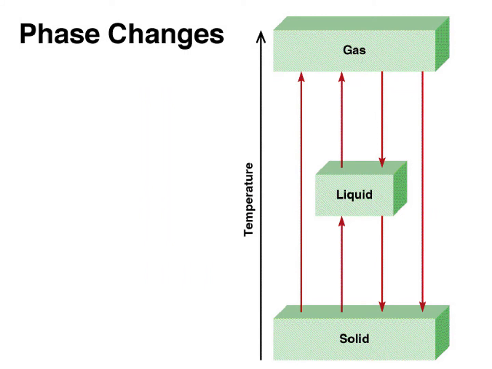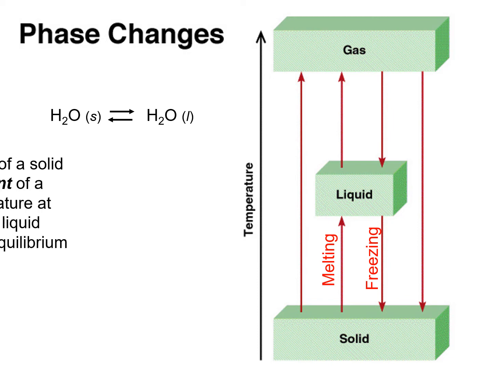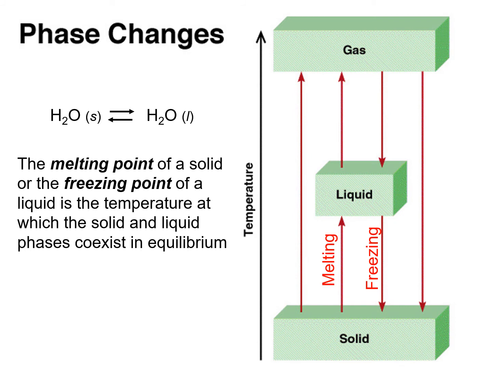All right, so melting and freezing. This is going to be an equilibrium, or a process where we're either converting a solid to a liquid or a liquid to a solid, with respect to changing phases of water.